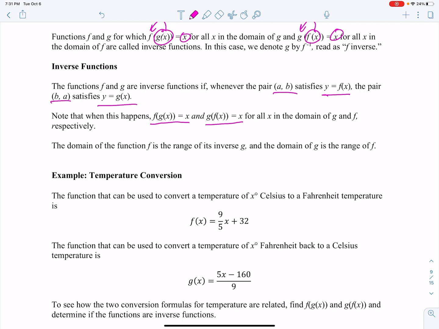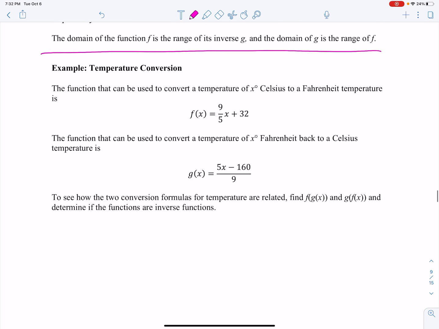The domain of the function f is the range of the inverse g, and the domain of g is the range of f. That's just fancy talk for, again, switch the domains and range. Switch the inputs and outputs, switch the x's and y's. Okay, all three of those statements mean the same thing.